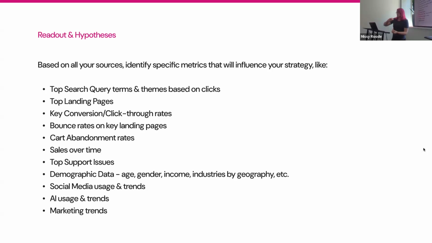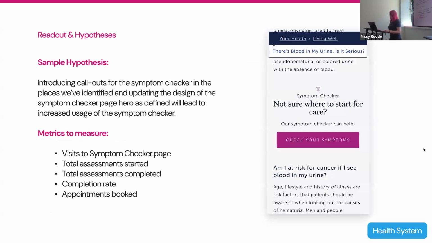So what are your pivot points? What are the ones where this insight is going to drive my decision making and I expect to see a change or an improvement based on this? It's everything we already talked about, plus marketing trends and things like cart abandonment rates. So there's a lot of good stuff there, but all the things we discussed.